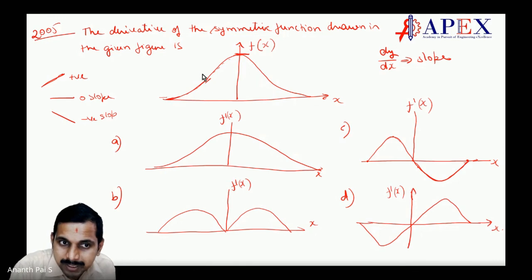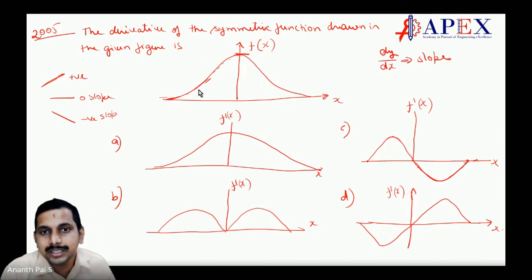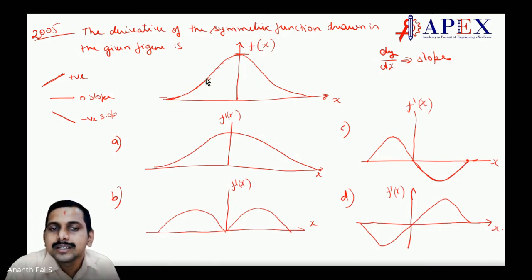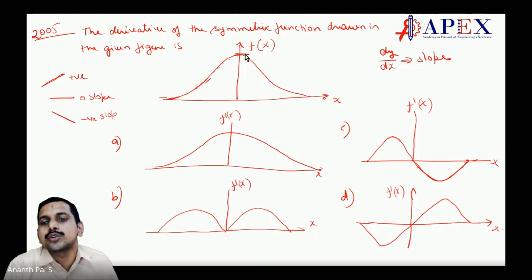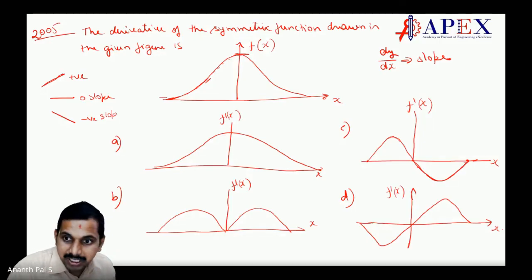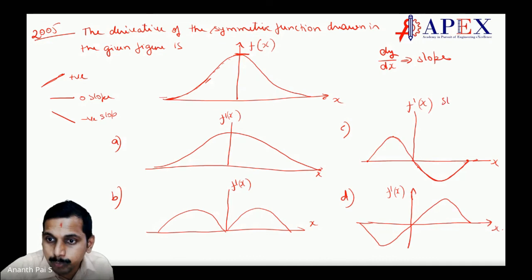The slope is the maximum when it is vertical, correct? So it is going from horizontal towards vertical till here. Then again it is going towards horizontal slope. So when it is here, it's zero slope. What does f dash of x mean? This means it is slope versus x.